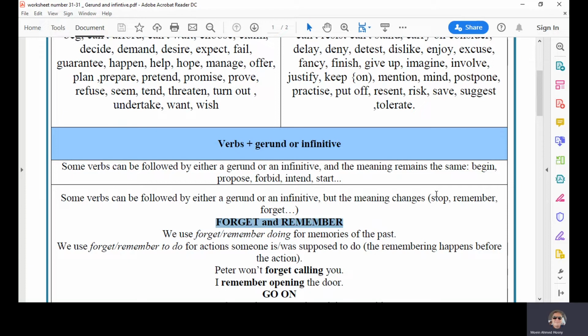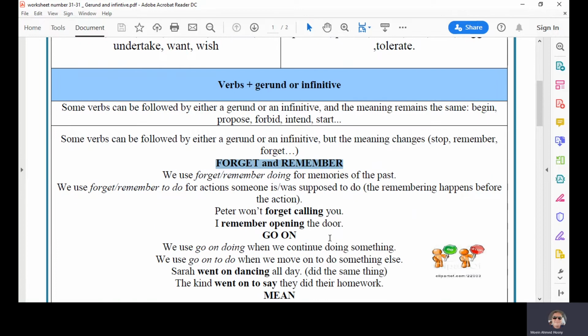So go on to means to start something new. Go on with the gerund means to continue the same action. We use go on doing when we continue doing something. We use go on to do when we move on to do something else. Sarah went on dancing all day, so she did the same thing, continued doing the same action.